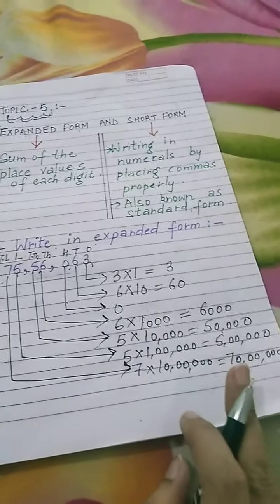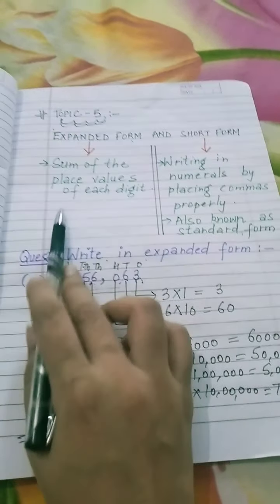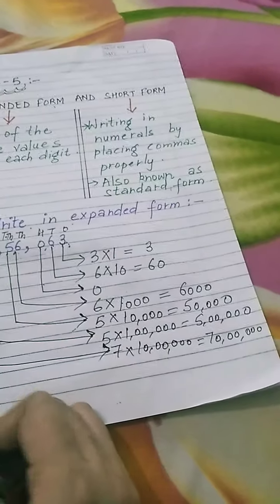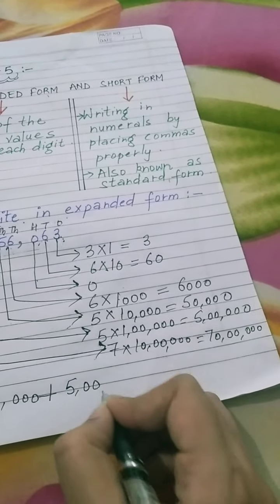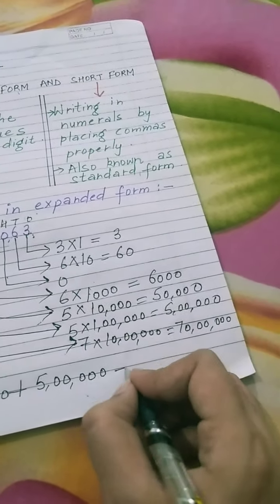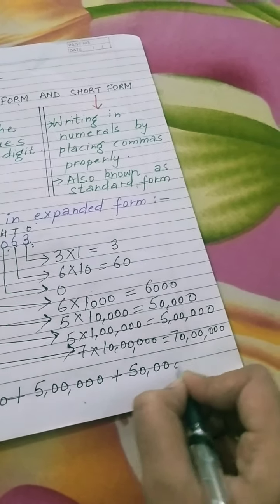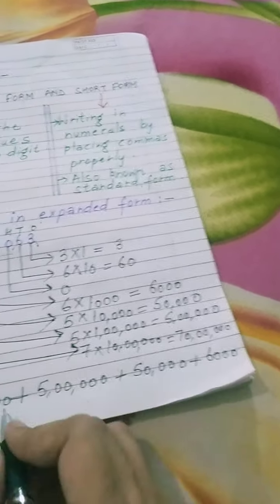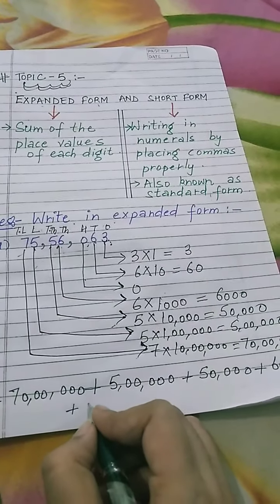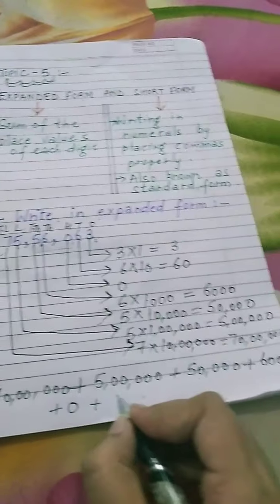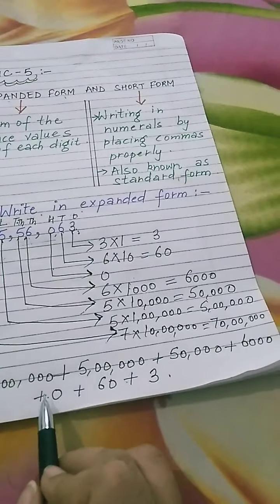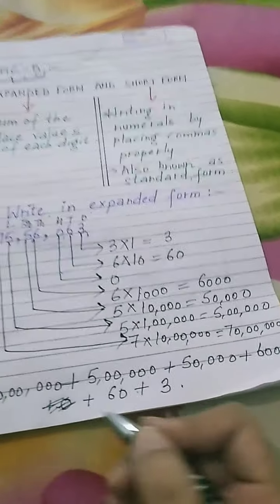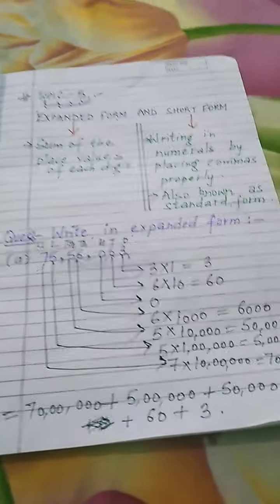Now we have to show it in the form of the sum of the place value of each digit. So we will write it as 70 lakh plus 5 lakh plus 50,000 plus 6,000 plus 0 plus 60 plus 3, and you can avoid the 0 also, as there is no value in 0.